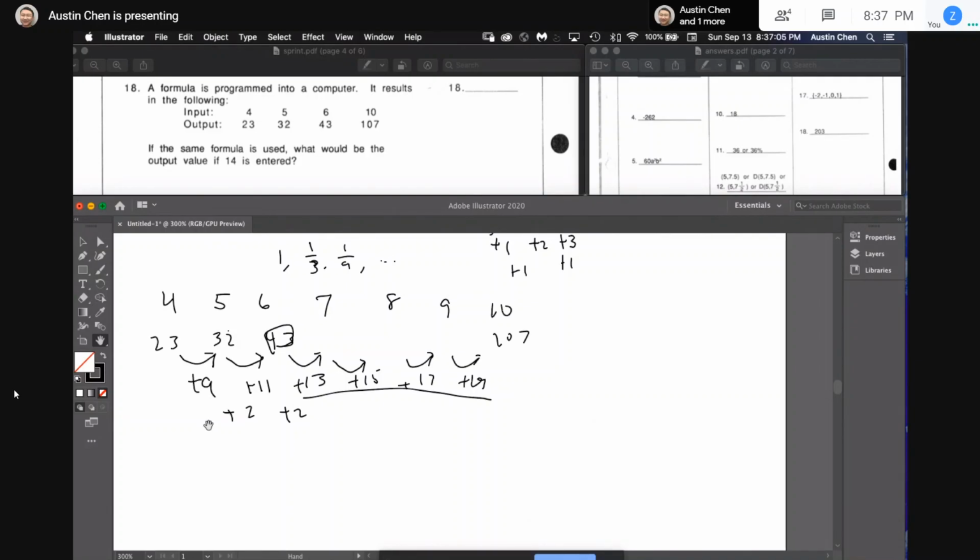Yeah, you can also figure it out like that. If you're good at doing that, maybe you should do it.